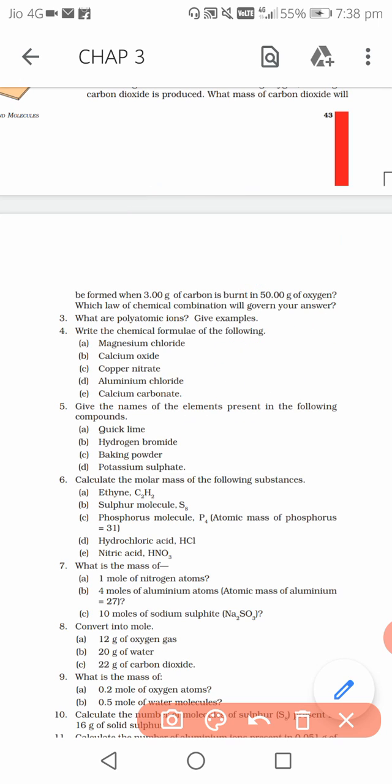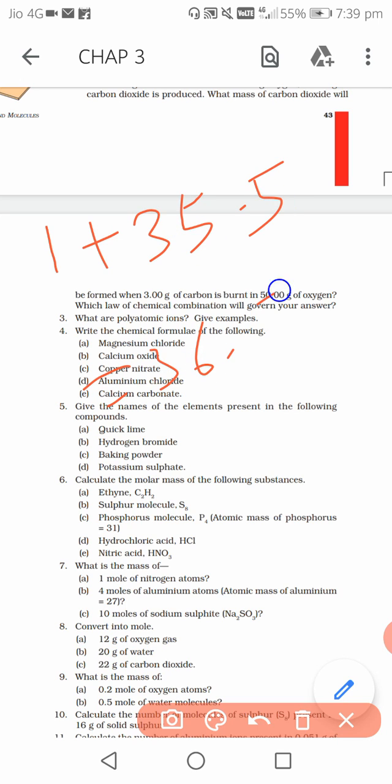Next is phosphorus. Similarly, phosphorus is P4. Mass of one phosphorus atom is 31, so it should be 31 into 4. Do it. Next one is hydrochloric acid, HCl. Hydrogen is 1 plus chlorine is 35.5, so it should be 36.5.